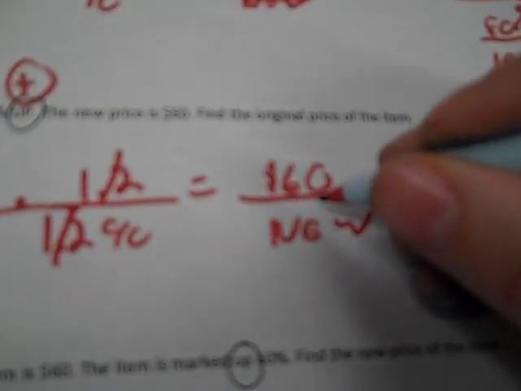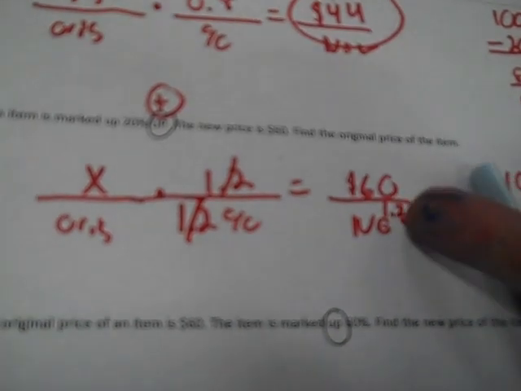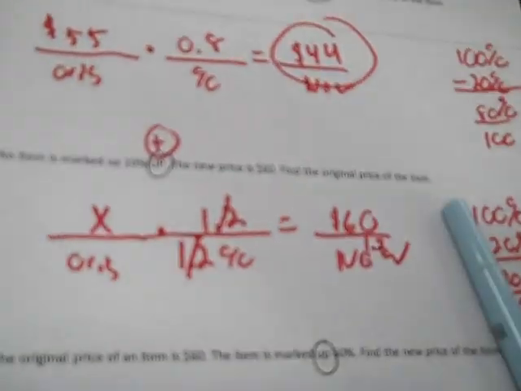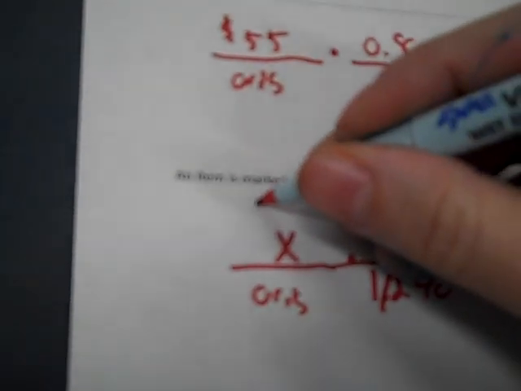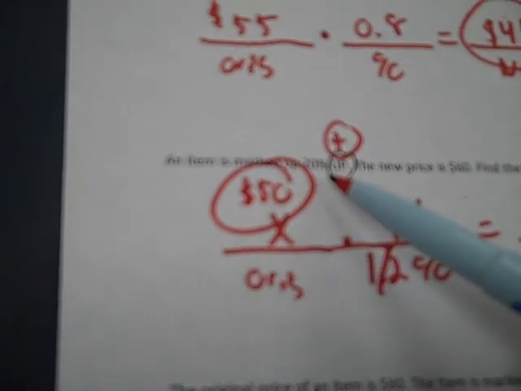Then I just put a 1.2 under the line here, and that means I divide 60 by 1.2. I got 50. So $50 was the original price. $50, then it's marked up, and it ends up at $60. So that would be a $10 markup.